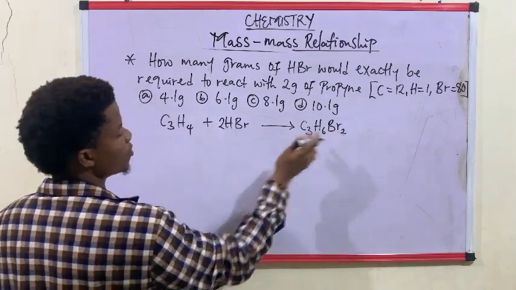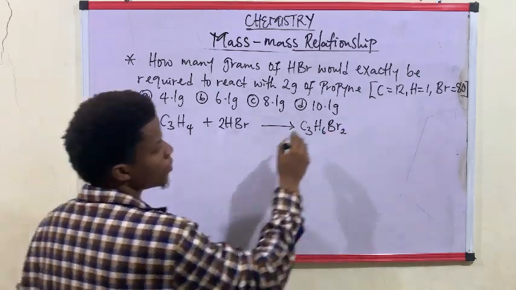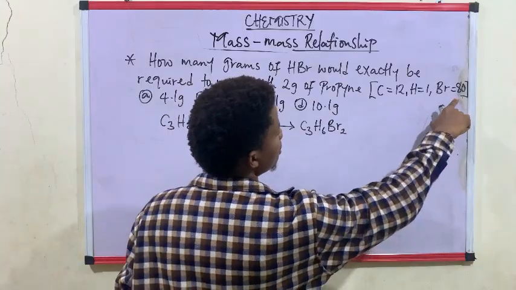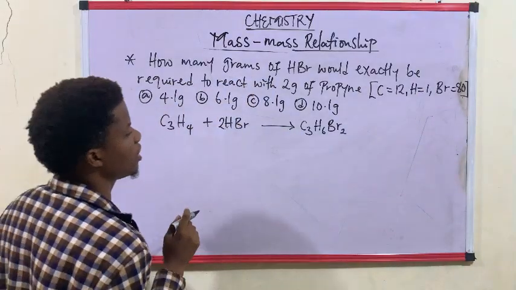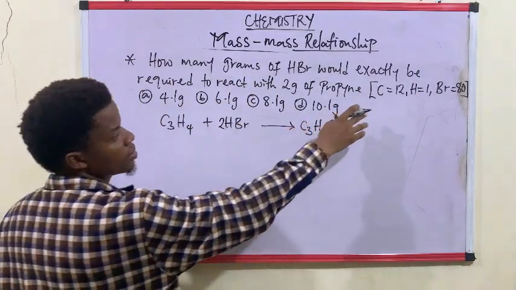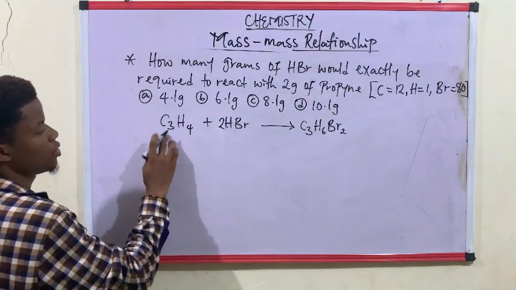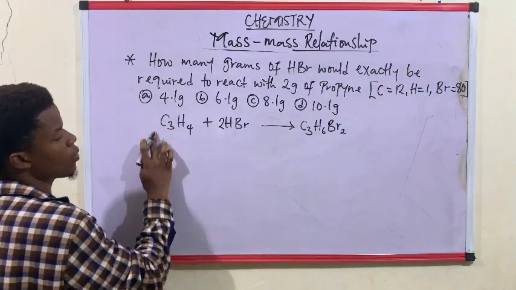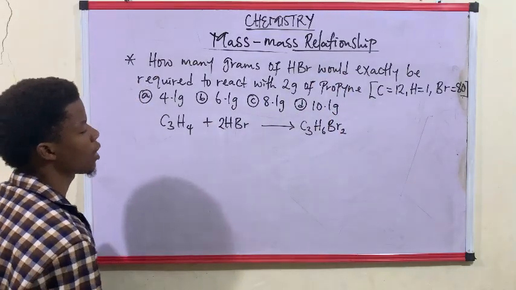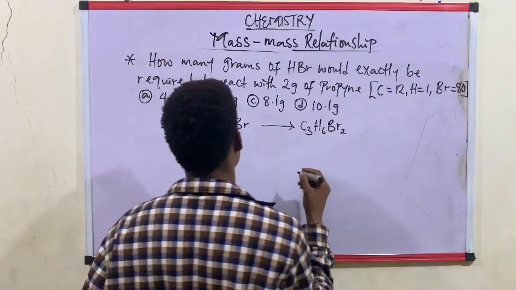Then 2Br, 2Br. Now, these are the masses of the elements we're giving, the molecular masses. So let's convert one more propane to mass in grams.